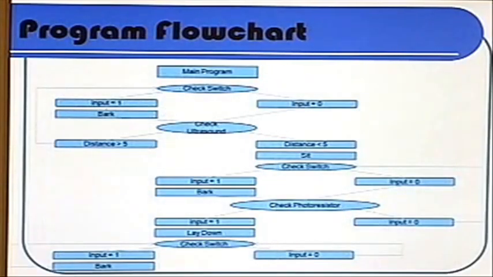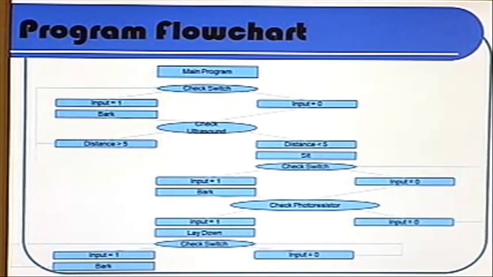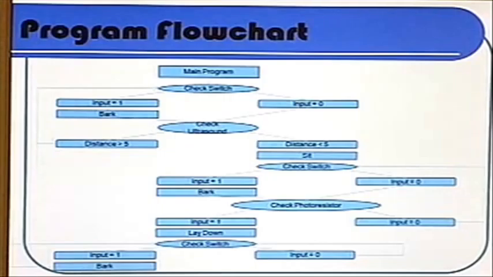Alright, now we'll talk about the program flowchart for our IDog. We can see there are mainly 3 different programs. It has the main program, which starts with the initial checking of the sensors. Then it goes to the sit program, which checks another sensor, and then another program checks for the laying down and the final sensors.